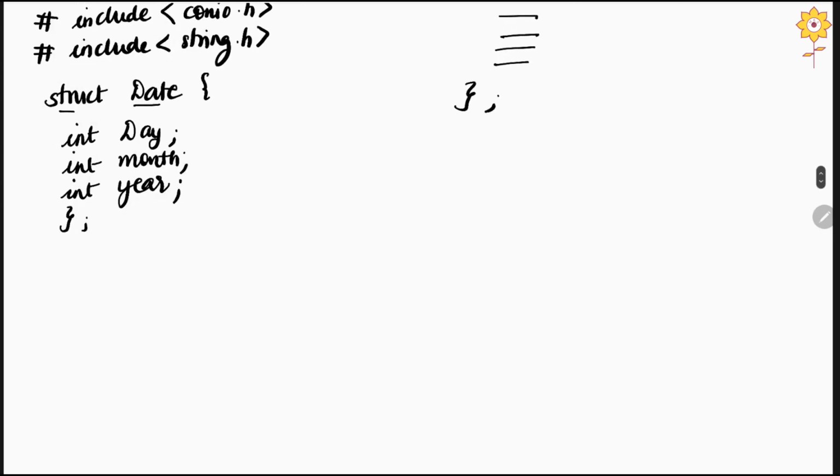Now we will create our main structure, which is for employee. So again we will write the keyword struct and then we will write employee, open curly brace, and we will write down all the variables that are required, that is name of the employee, employee ID, date of joining and their salary.